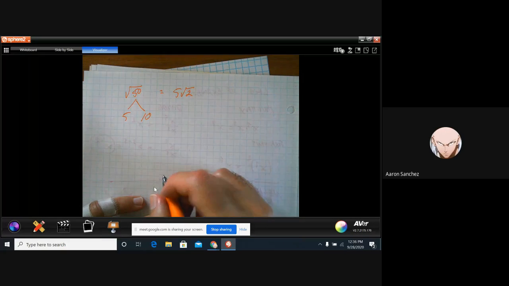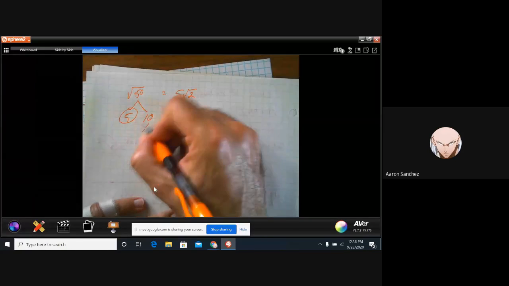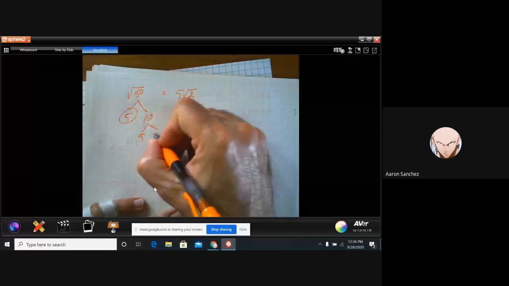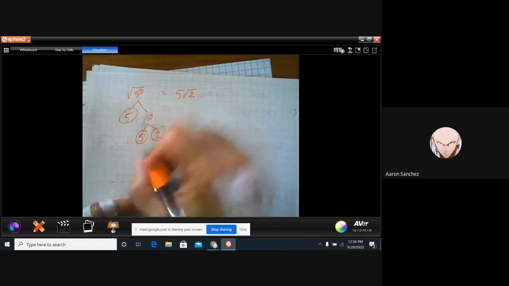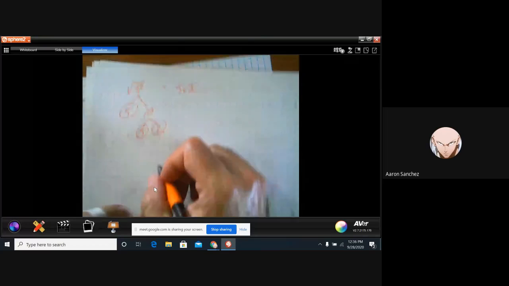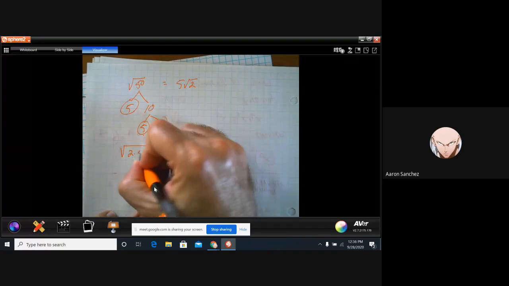Now you're looking for its prime factors. The prime factors are where it is not divisible anymore. Like I can't divide 5 by anything else. It's prime. But I can divide 10. 10 is 5 and 2, because 5 times 2 is 10. That's prime and that's prime. I can't make it any smaller. So the square root of 50 is 2 times 5 times 5.